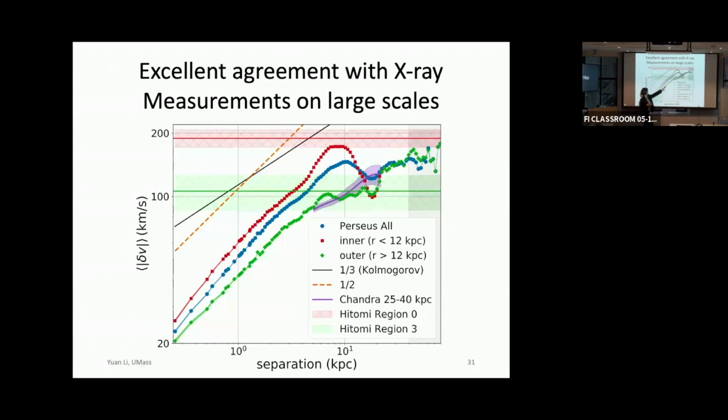And they're more or less a perfect match. So purple and green agree really nicely. So at least within the range that both optical and X-ray are probing, it seems that the hot phase and the cool phase are really well coupled kinematically.